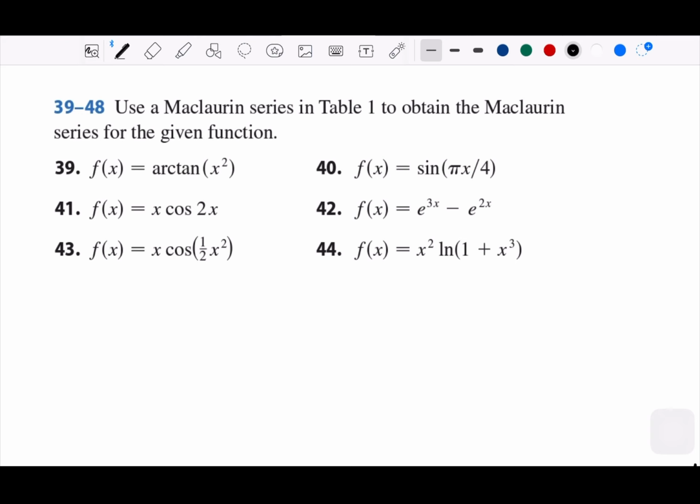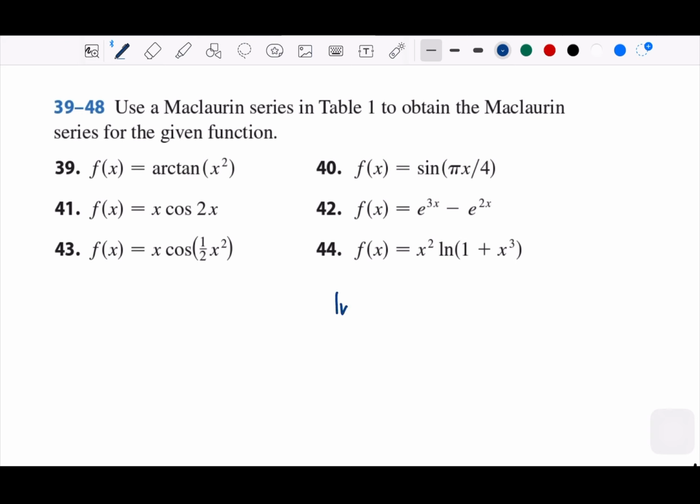Okay? Exchange x with something that is inside this function now. For example, the first one, or maybe not the first one, but let's say number 44. Let's look at number 44.